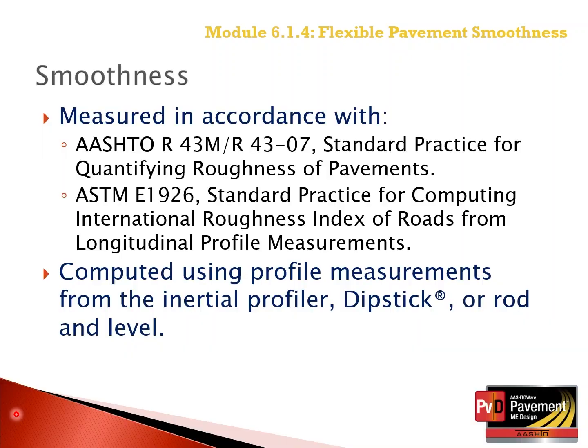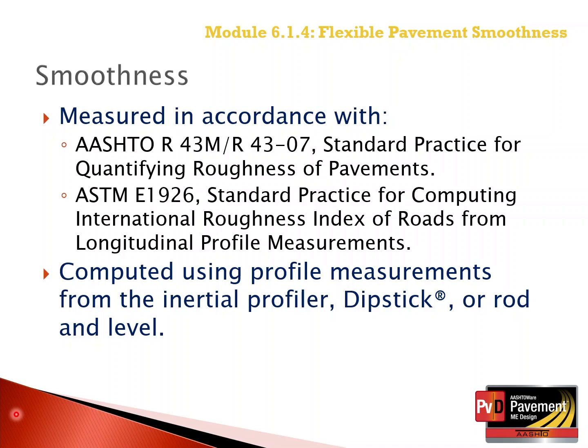Smoothness is measured using the same equipment and methods discussed for jointed plain concrete pavements and continuously reinforced concrete pavements in Module 5. IRI is measured in accordance with AASHTO R43M and R43-07, or in ASTM E1916.